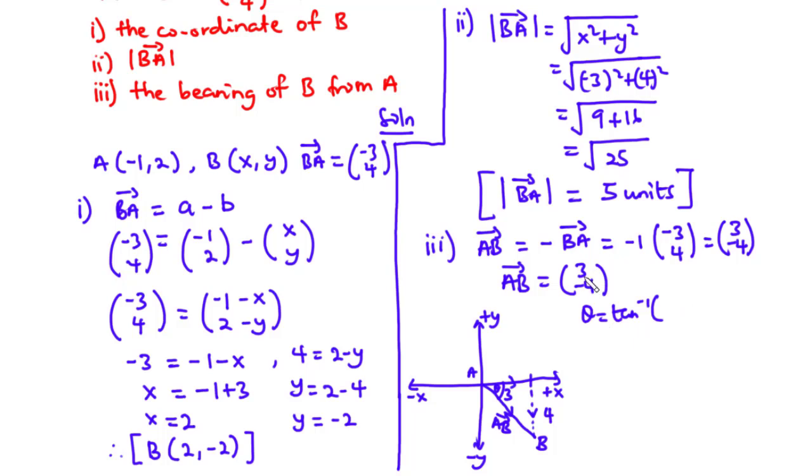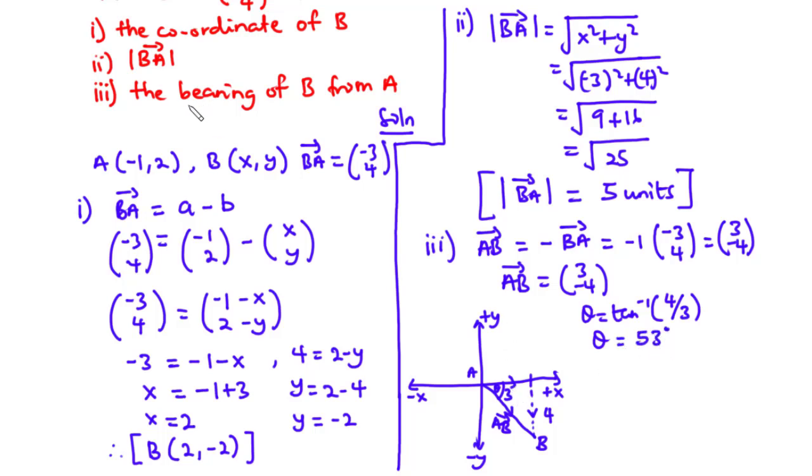We have the y component to be -4. However, when we are finding the angle theta, we ignore all negatives. So we write 4 divided by 3, and then theta is equal to 53 degrees.